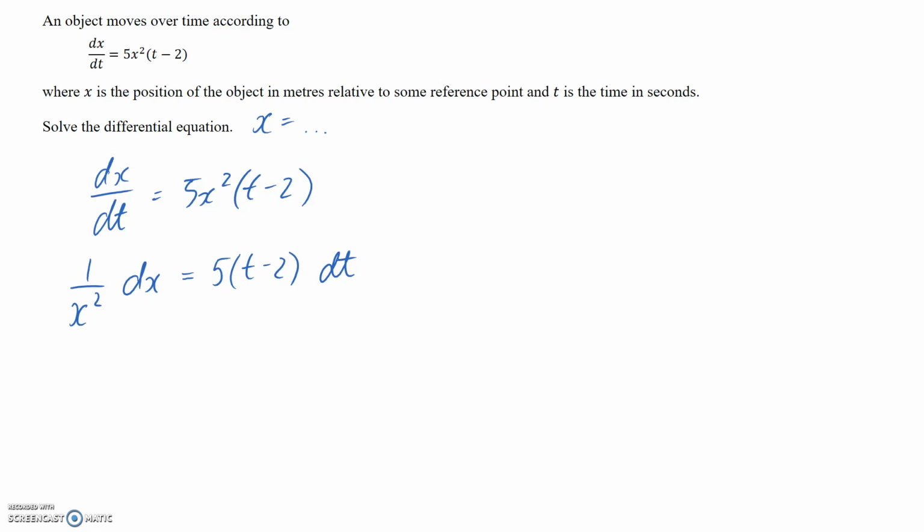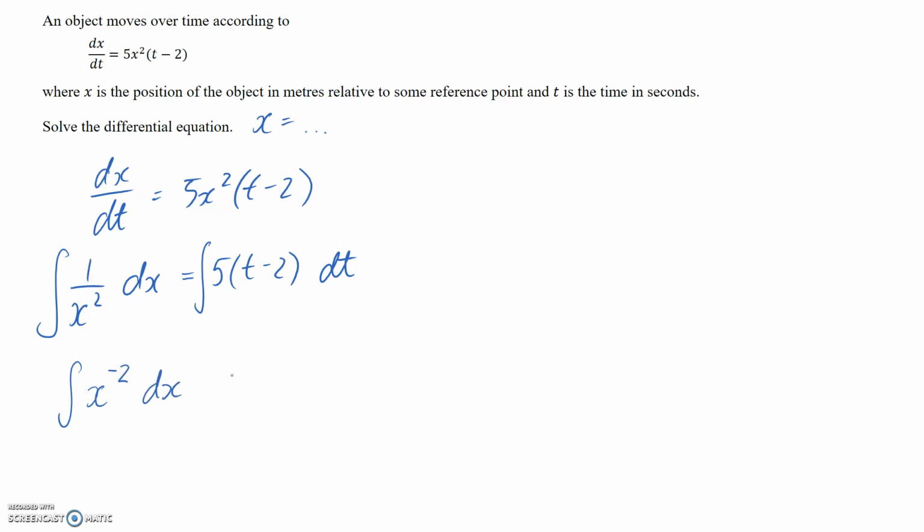What I should now be able to do is integrate both sides of my equation. And what this should mean then is that I get rid of this dx and dt and just get an expression with directly just x's and t's. Alright, so to make this process a little bit easier, on the left-hand side here, instead of writing this as 1 on x squared, I could write it as x to the power of negative 2, just flipping it up to the top line.